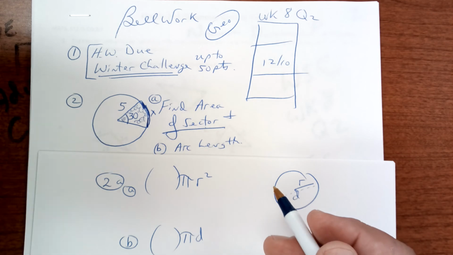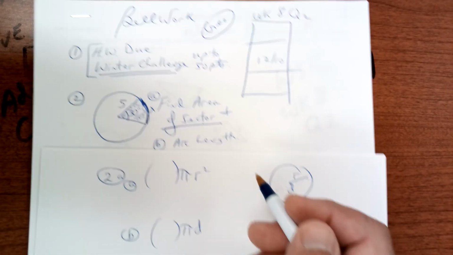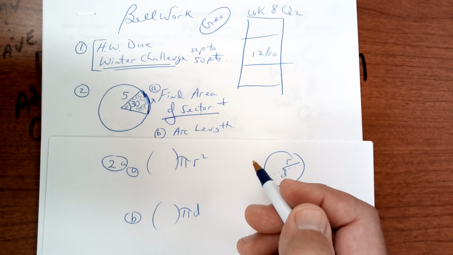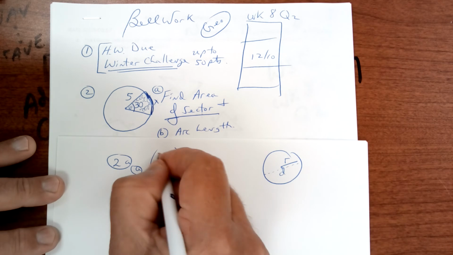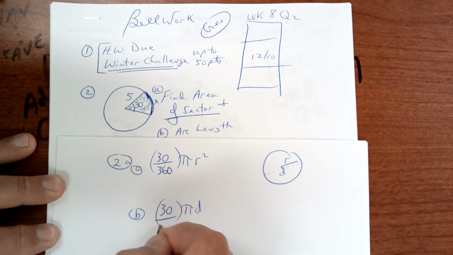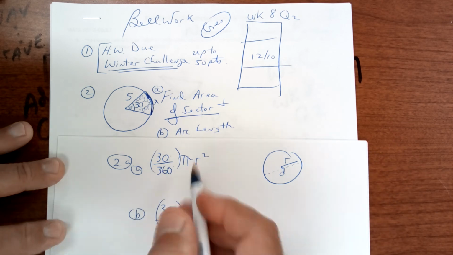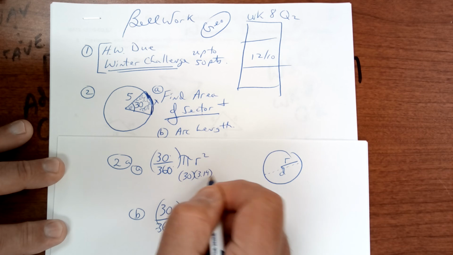Let me make this a little smaller so I have some more workspace here. In this case, both of these are going to be 30 over 360. Get your calculator out. On this one, you're going to take 30 times pi times the radius squared.